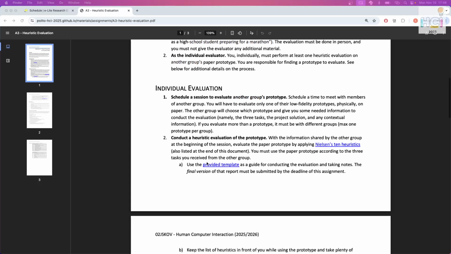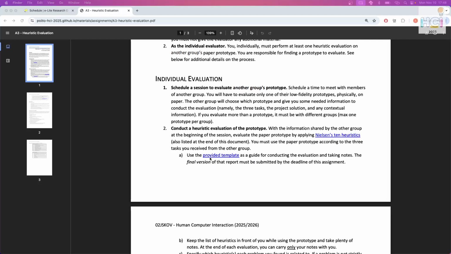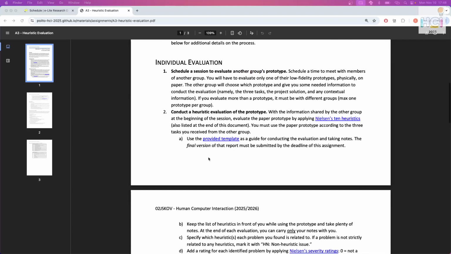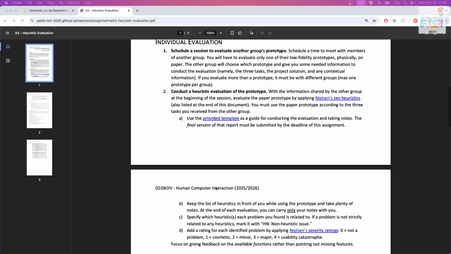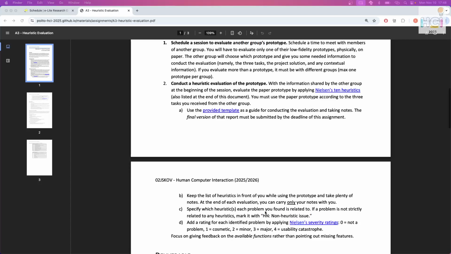And there is a template which you can use to take notes of the violations you will find. The final version of this template will be your individual submission. Then we will look also at the template. So keep the list of heuristics in front of you while using the prototype and take plenty of notes.